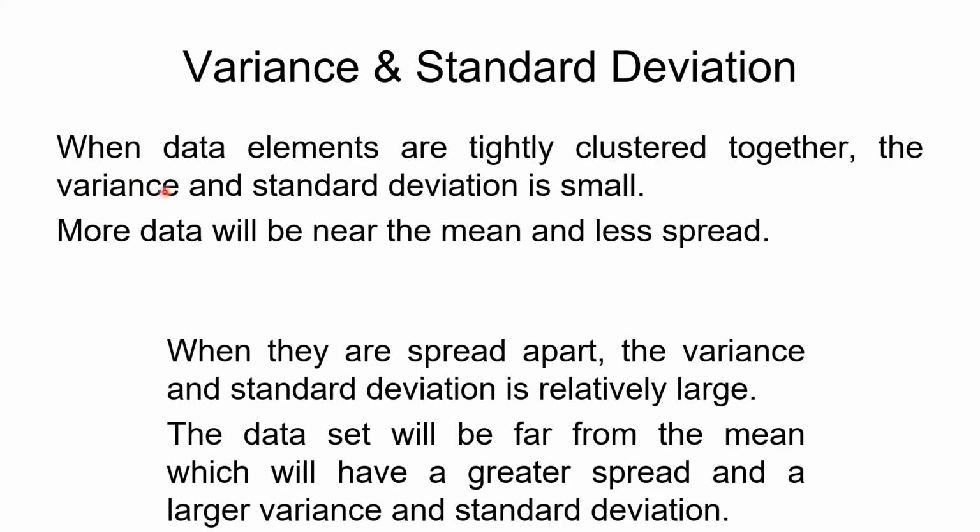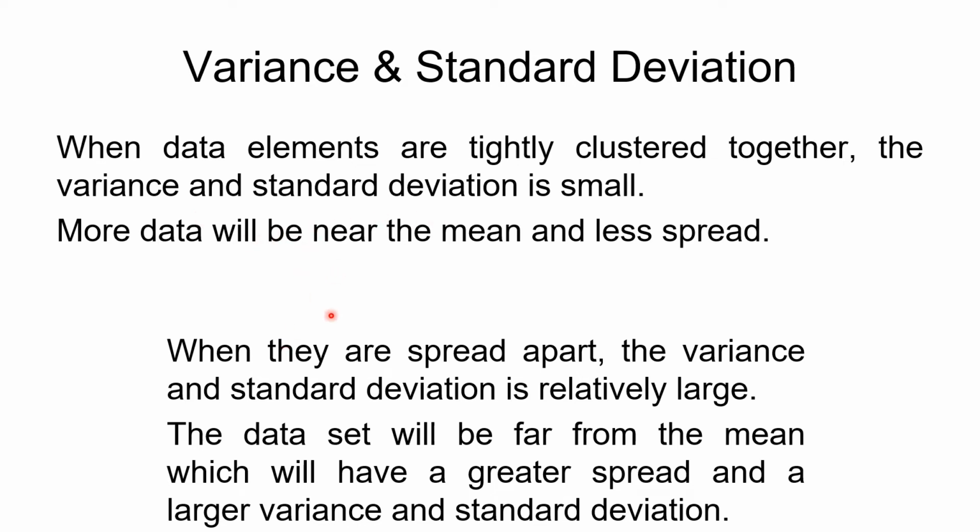And now we will look at what variance and standard deviation simply mean for the spread of data. When the data elements are located nearer to the mean, that simply means it is less spread. This also concludes that the data is tightly clustered together, and the variance and standard deviation will be small.